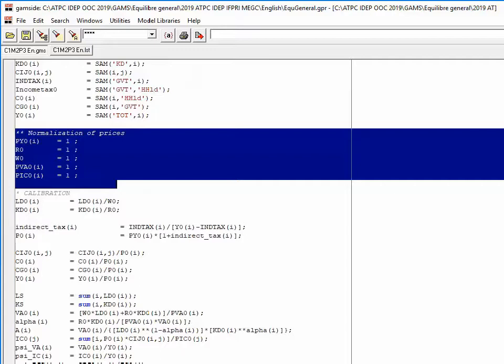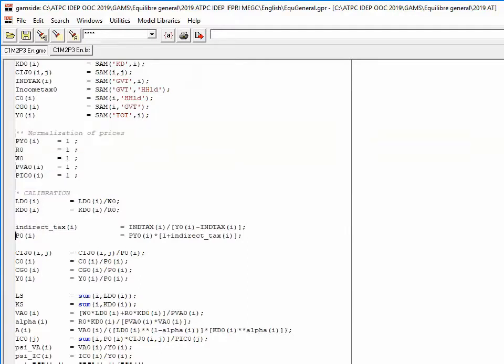That is to say, consumer price is equal to producer price times 1 plus the indirect tax rate. So this relation in the model means that I cannot normalize, that is to say set equal to 1, all prices.